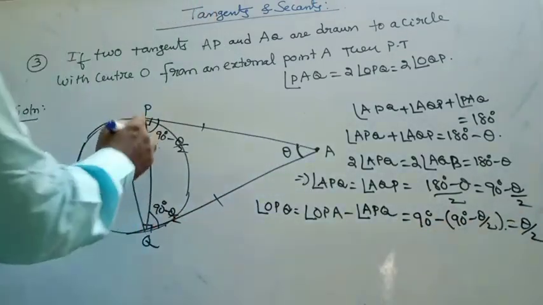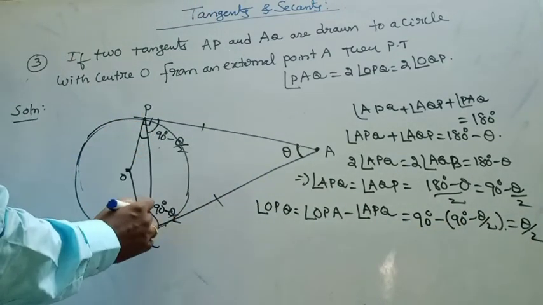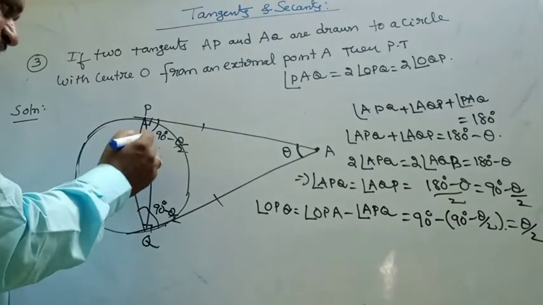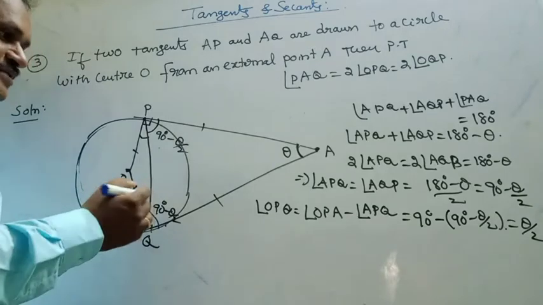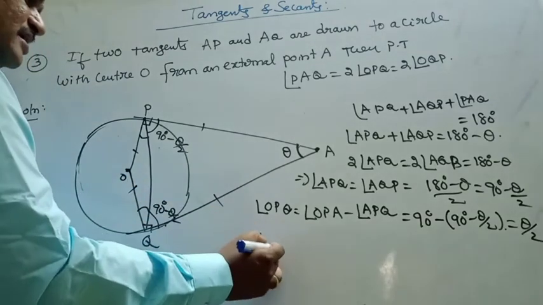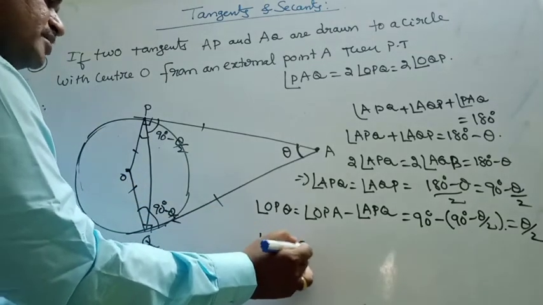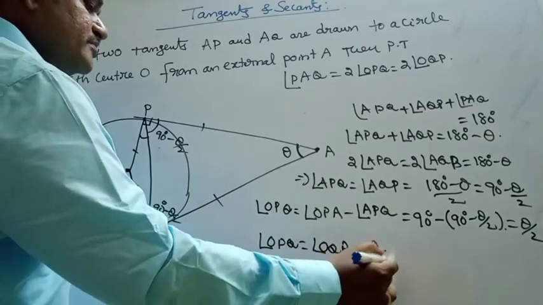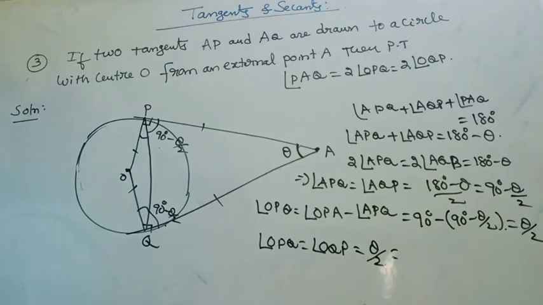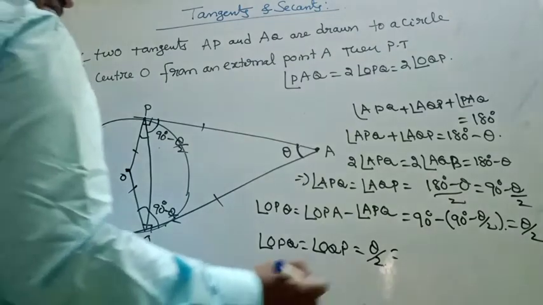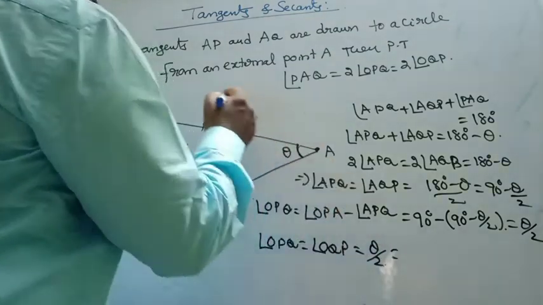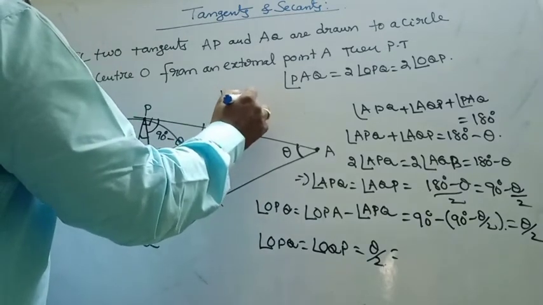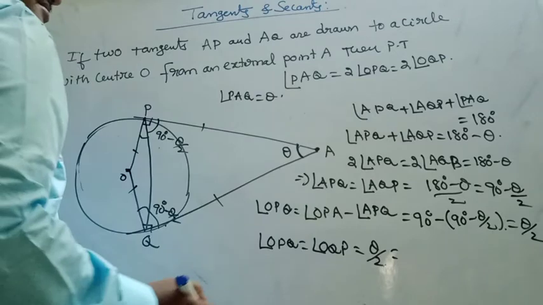Now angle OPQ is equal to angle OQP, because this is the radius you are having here, then their opposite angles are equal. That's why angle OPQ is equal to angle OQP, that is equal to theta by 2 you have got. Actually we told that angle PAQ is equal to theta, like this, right?